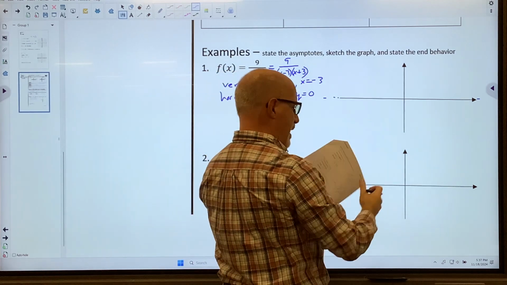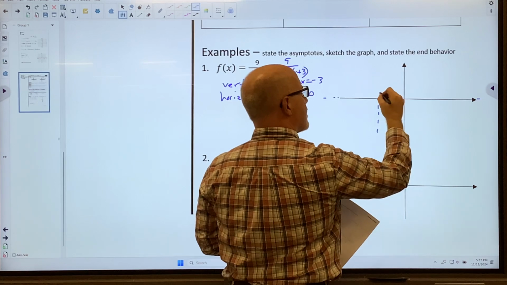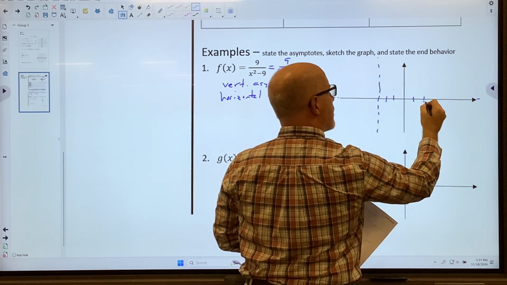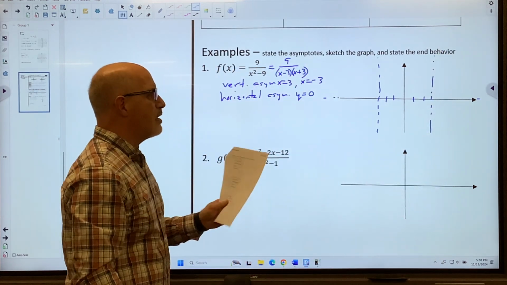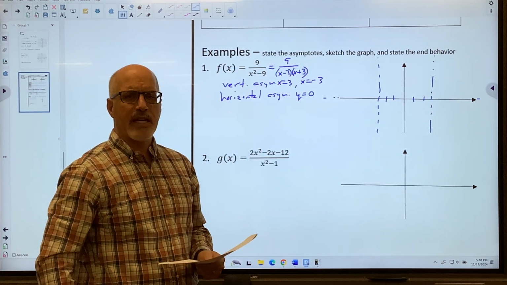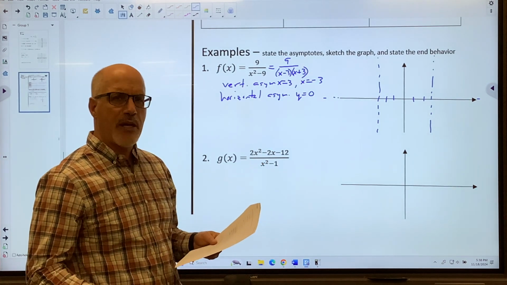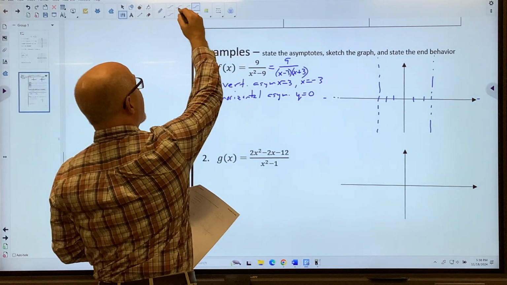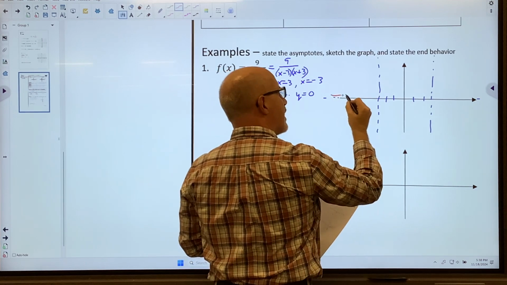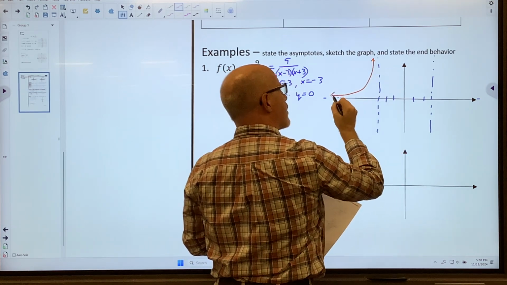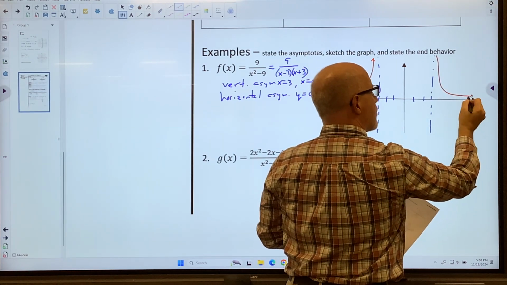So I'm going to draw a graph here, and I'm going to go out to negative 3, draw an asymptote, and we go out to 3 and draw a vertical asymptote. Okay? Now, once you do that, you have to look at your graphing calculator. When you draw this with a graphing calculator, it will help you see the shape of it. And so once you graph it on your calculator, what you're going to see is that the graph is going to be a hyperbola-like curve over here, and also over here when you graph it there.